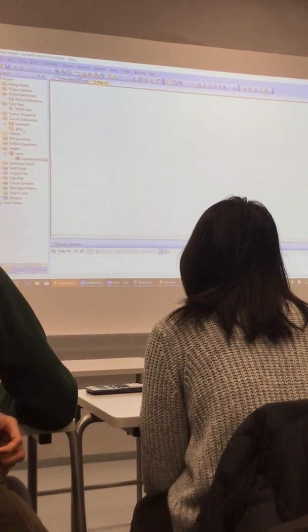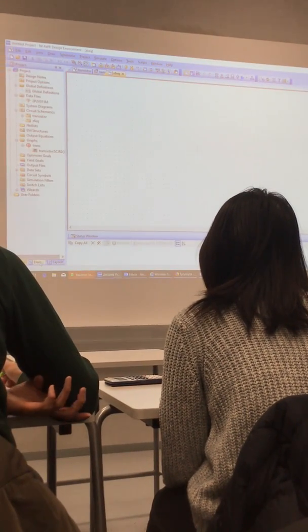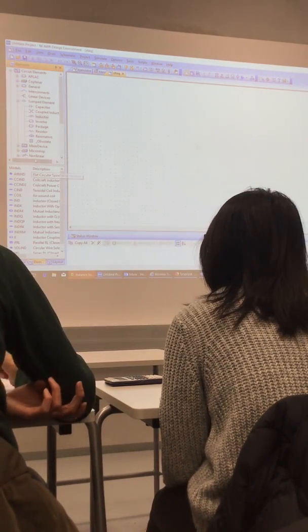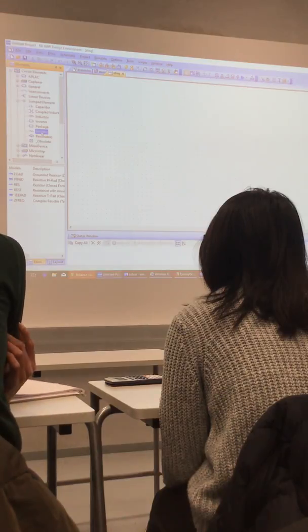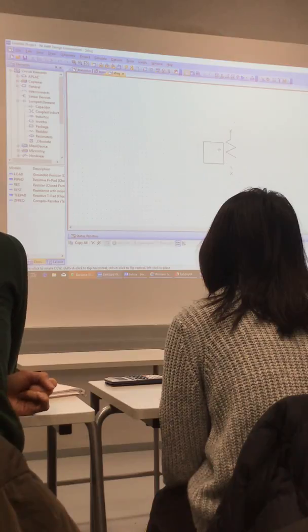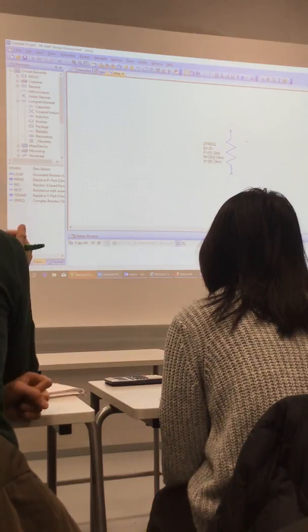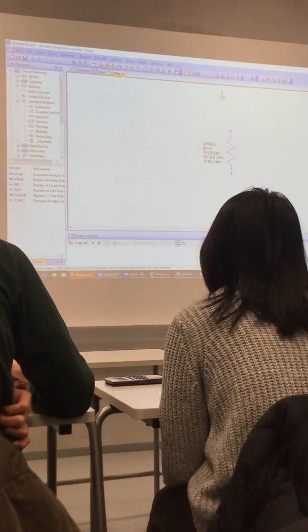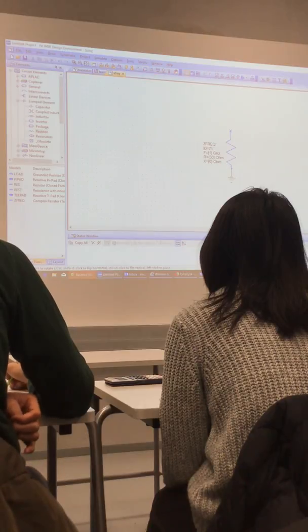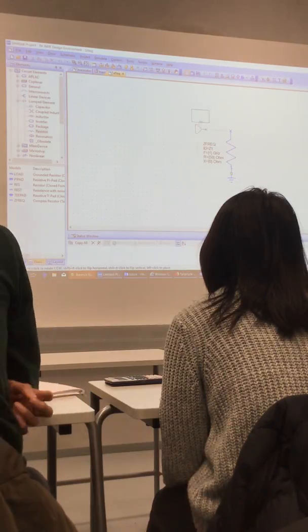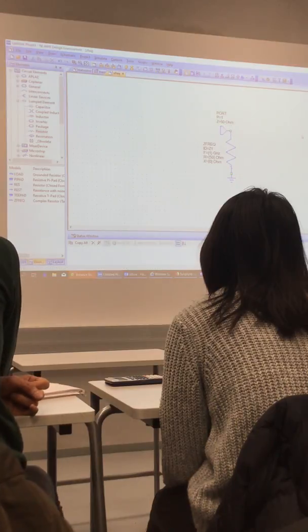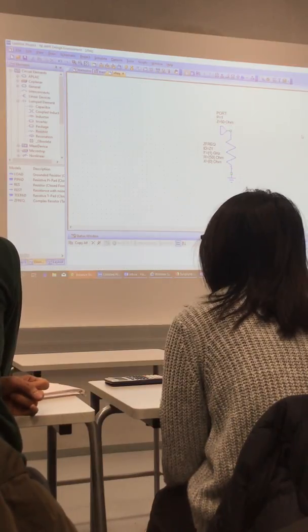And on this Z-freg schematic, surprise, surprise, I'll add the Z-freg component, which is in the resistor, and I'll add it here. And then I'll add the ground to the other side and one port to the input. Nice, isn't it?